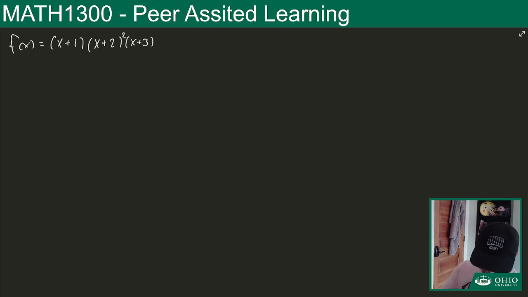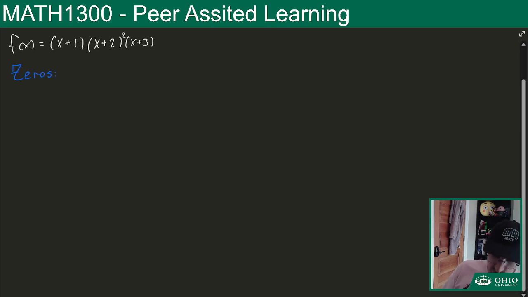The first thing we want to find are the zeros, and these zeros can be found just by setting each individual term equal to 0. So my first term, if I set x plus 1 equal to 0, I can see that x equals -1. If I set x plus 2, now this is squared.